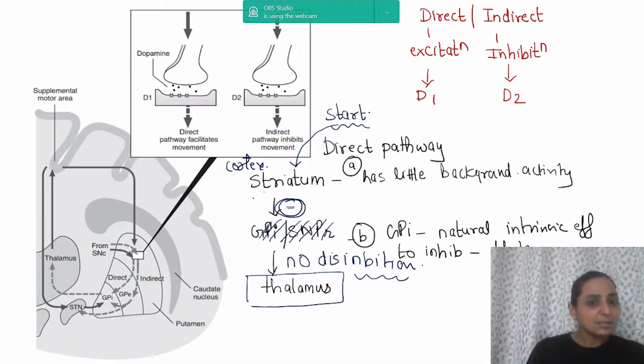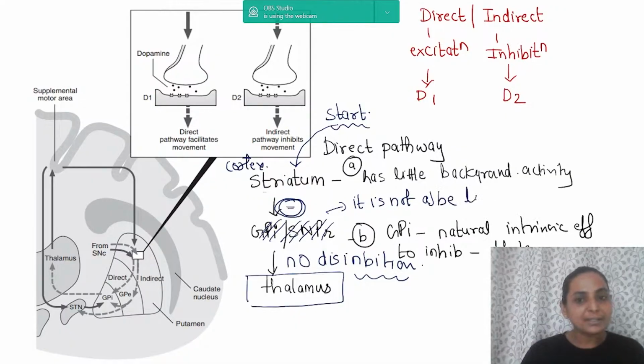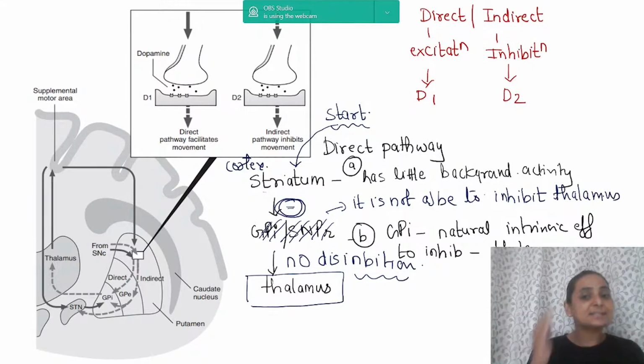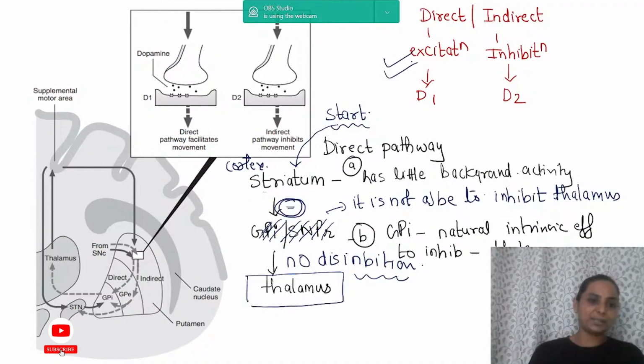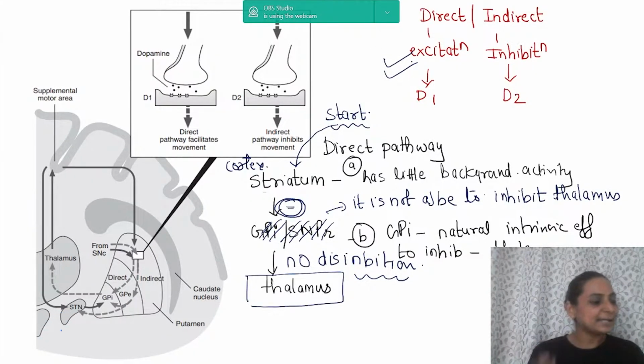The cortex had sent excitation to the striatum, and the striatum has inhibited the globus pallidus internal segment. Because the globus pallidus internal segment has been inhibited by the striatum, it is not able to inhibit the thalamus. So because it is not inhibiting the thalamus, this pathway becomes the excitatory pathway.